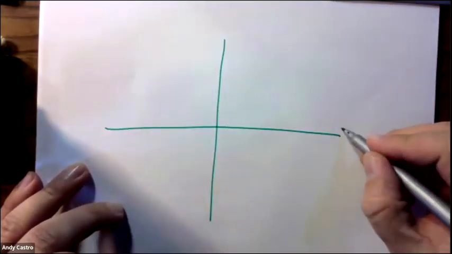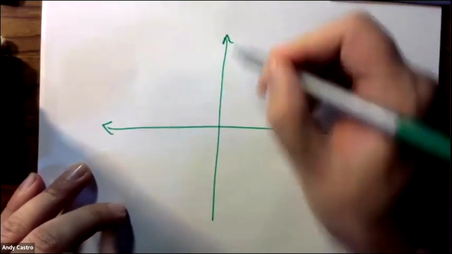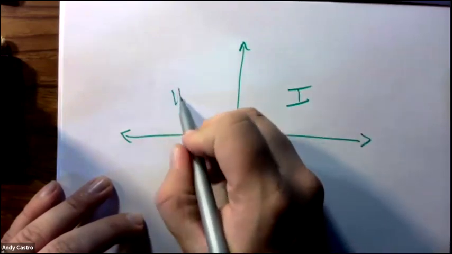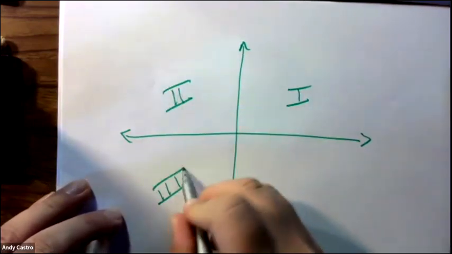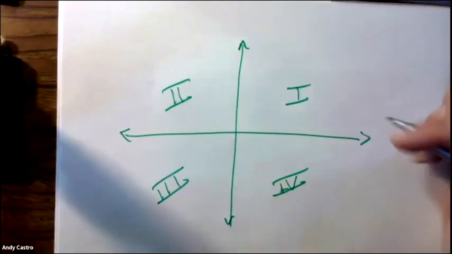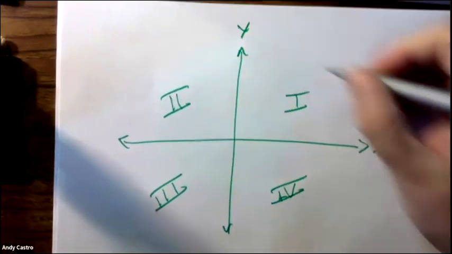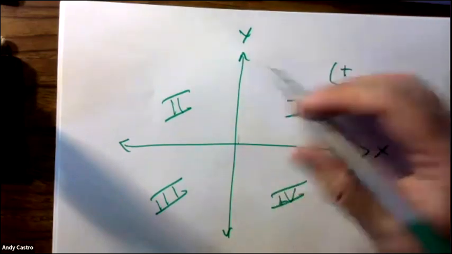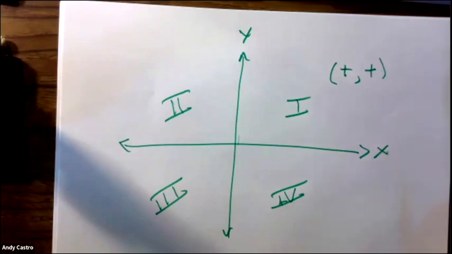And then Mr. Metter talked about the XY coordinate plane. It has 4 quadrants. In quadrant 1, your X number is always positive and your Y number is always positive.